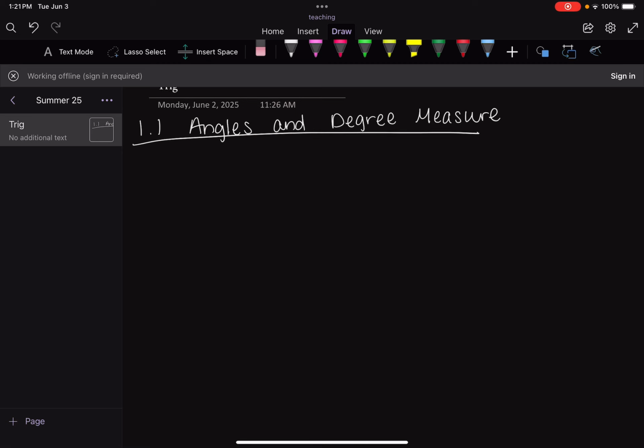First thing that we have to talk about, a little bit of geometry. There's a lot of geometry concepts that we'll review throughout the course while we're going on to new material.